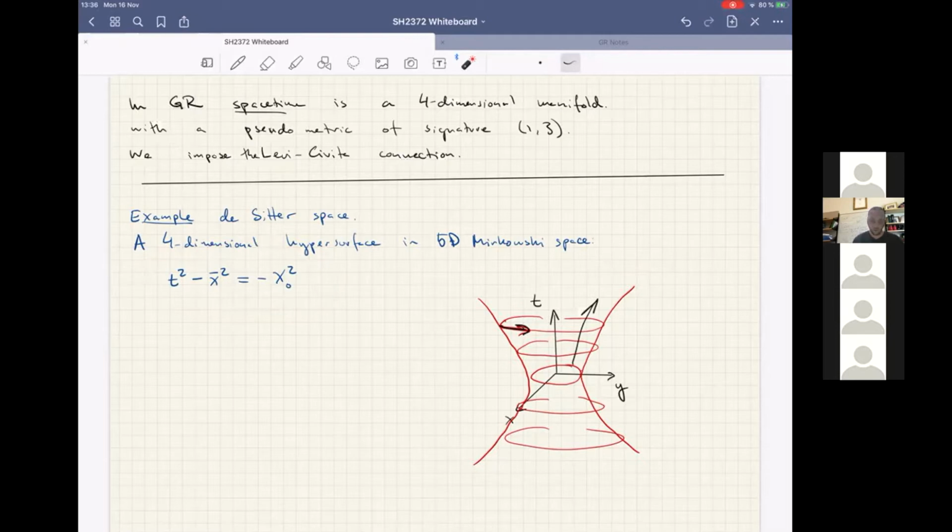It's going to have one temporal direction, and the other directions are going to be spatial. And so this is in essence what space-time is going to be. It's going to be this type of manifold with one time-like direction and the other directions being space-like.